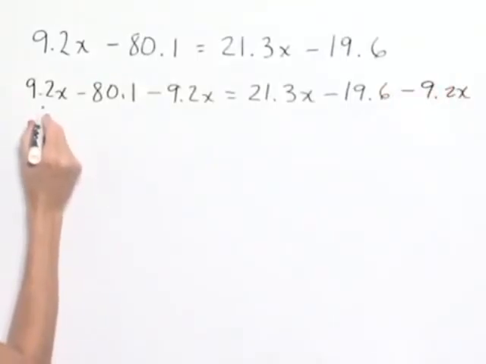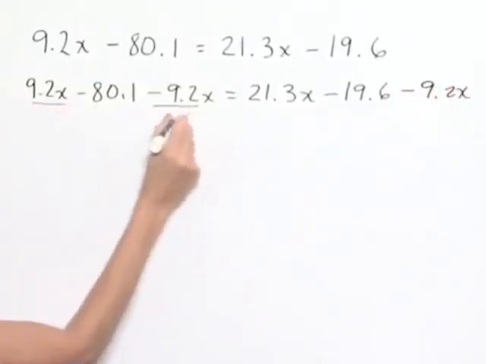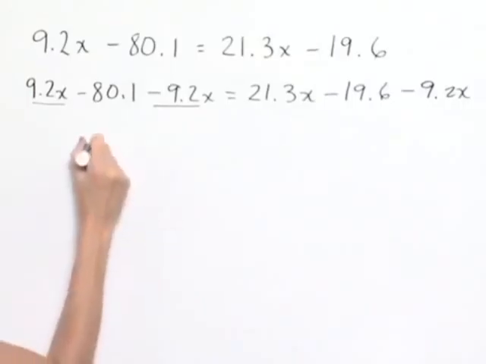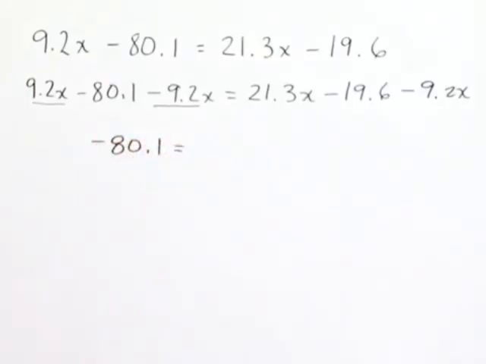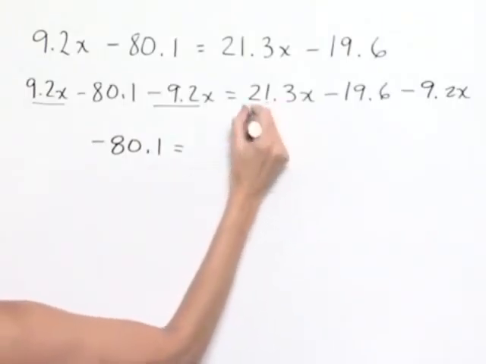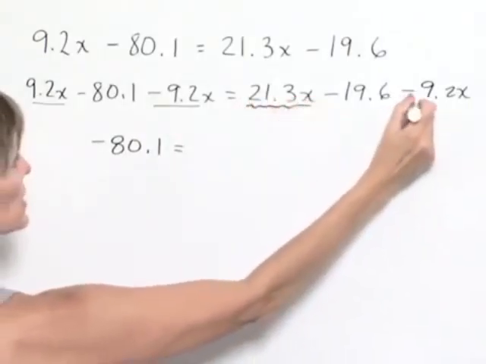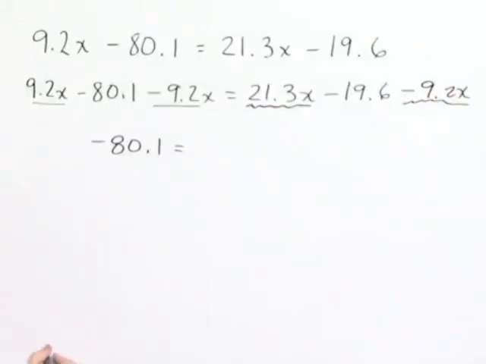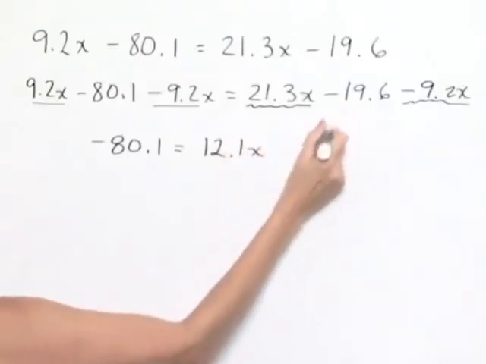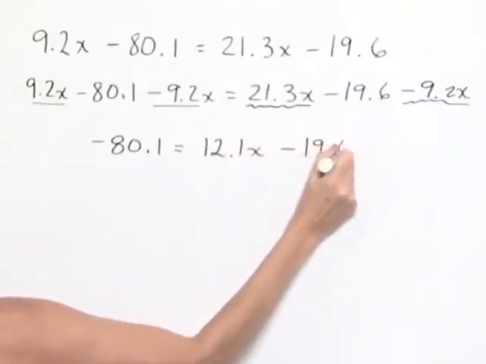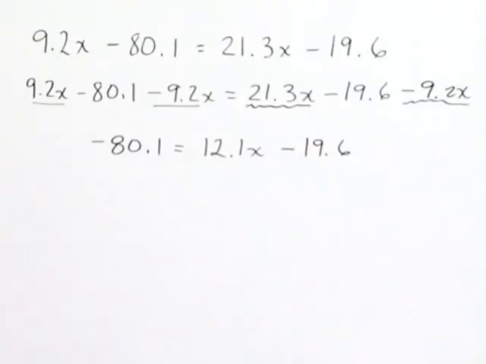On the left-hand side of the equation, these two terms will subtract out to give us 0, leaving us with negative 80 and 1/10. That will equal, we'll go ahead and combine the 21 and 3/10 x minus 9 and 2/10 x. That's going to give us a result of 12 and 1/10 x. And then we have our minus 19 and 6/10, which will move down into the next step.